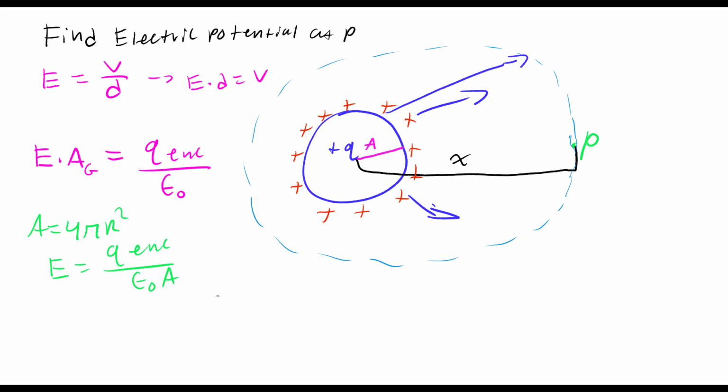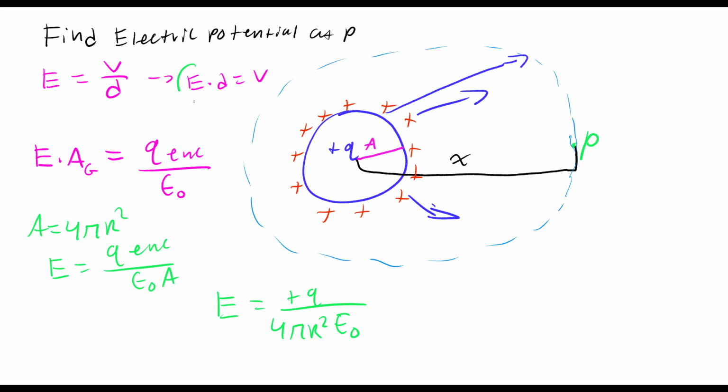So E is equal to positive Q, that's the charge enclosed, divided by 4 pi r squared epsilon sub naught. That's epsilon.